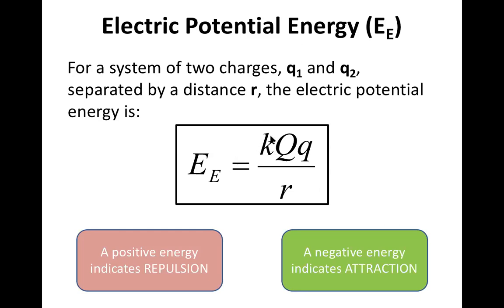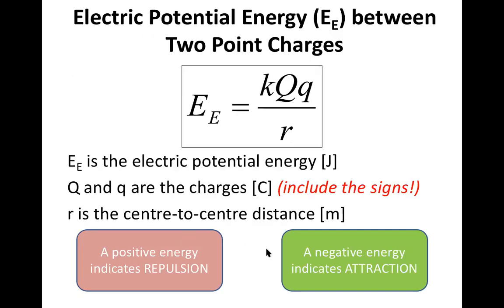So I prefer if you use 8.99. If you have anything multiple choice, it will be based on options using 8.99 times 10 to the 9. And then you have your Q charges, and r is the distance from the center of one charge to the center of the other.